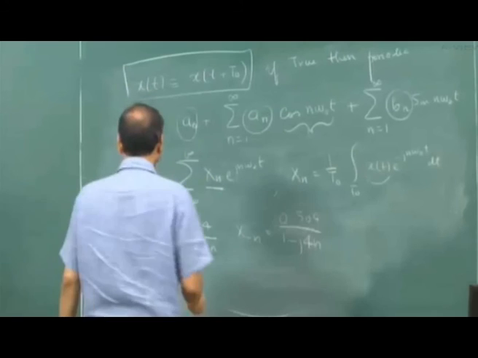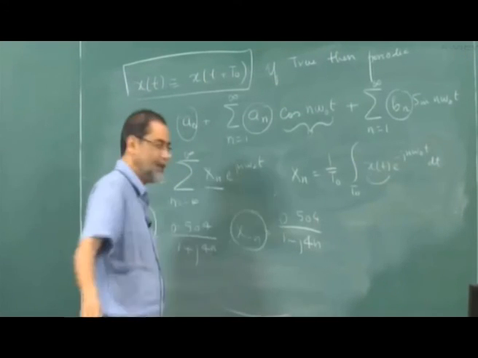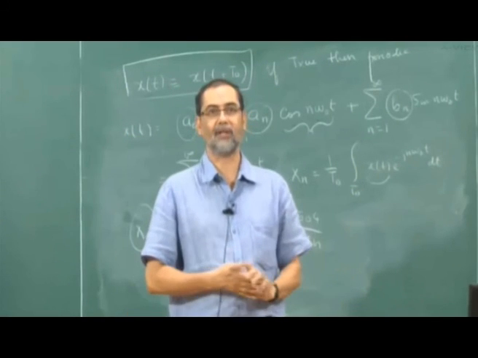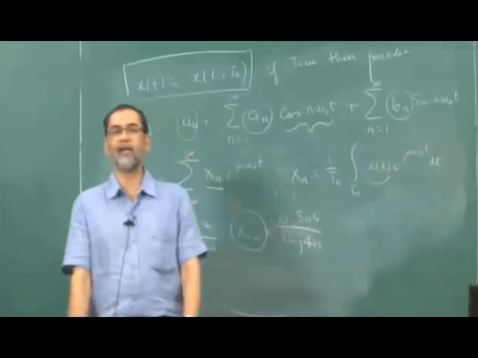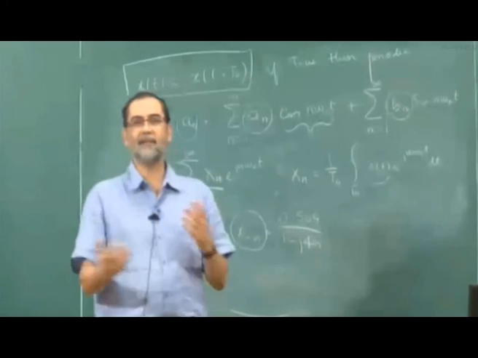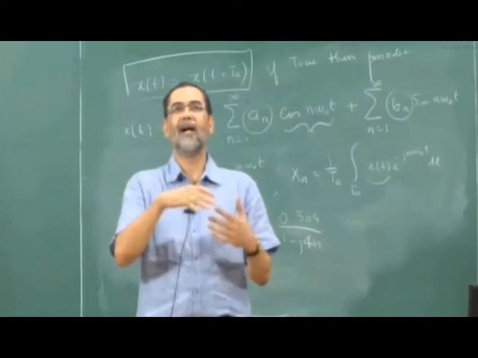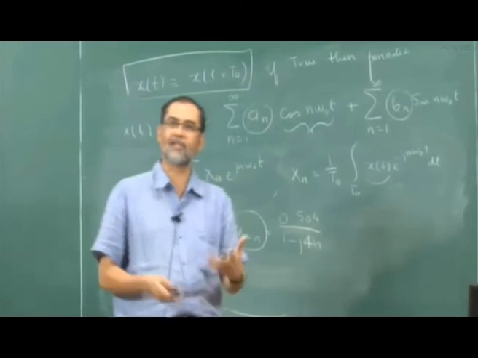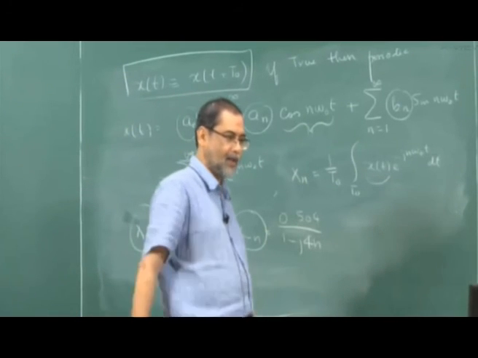So x of n and x of minus n, please notice they are complex conjugates of each other. This leads to what is called a conjugate symmetry property. Conjugate symmetry means their magnitudes are even symmetric and the phase is odd symmetric. So we'll come back to this later on. We still have another 2 days left, so we'll talk about this conjugate symmetry property.